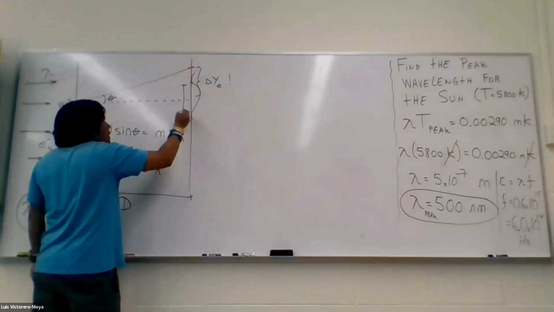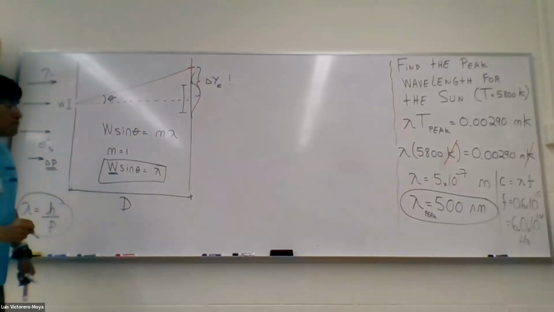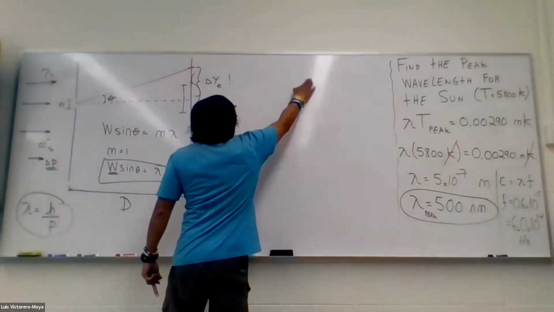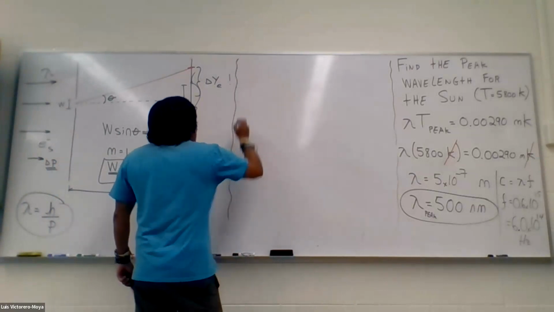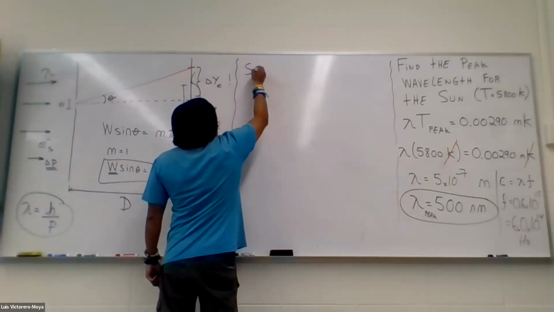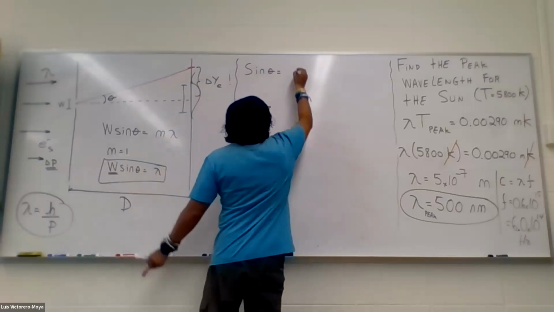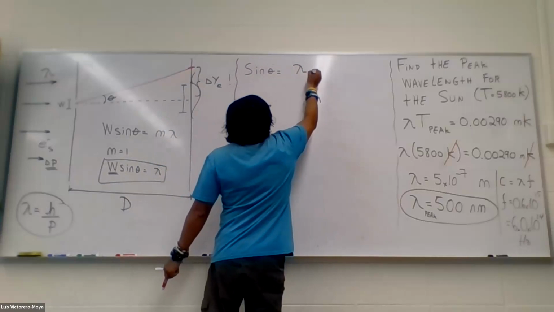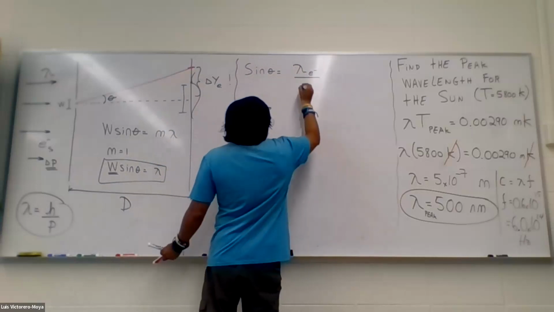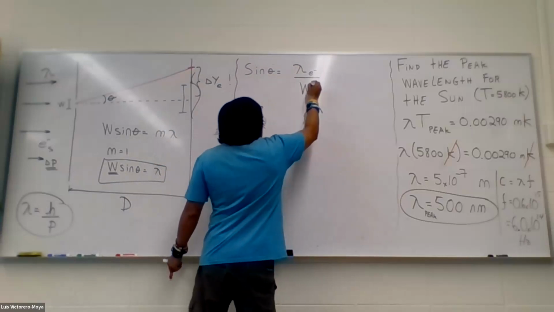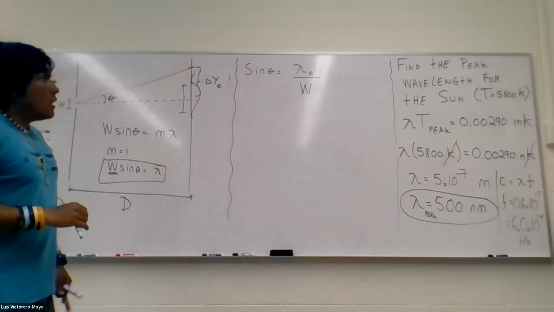So you want to find this width, use this equation. All right? So sine theta is equal to the wavelength of the electron divided by W. W is the width of the slit.